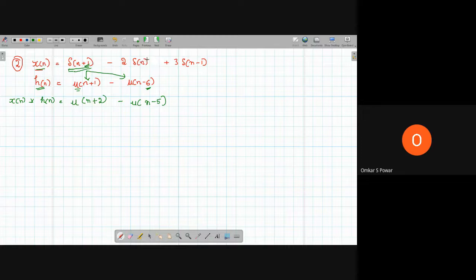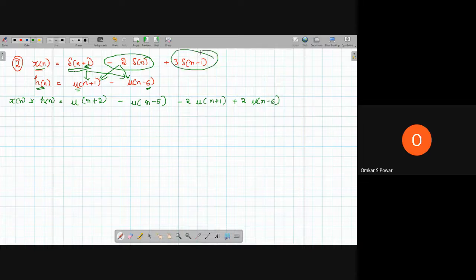Okay, then we will take this one, minus 2 of del of n, and just multiply. So this one and this one. So minus 2 u of n plus 1 and plus 2 u of n minus 6.